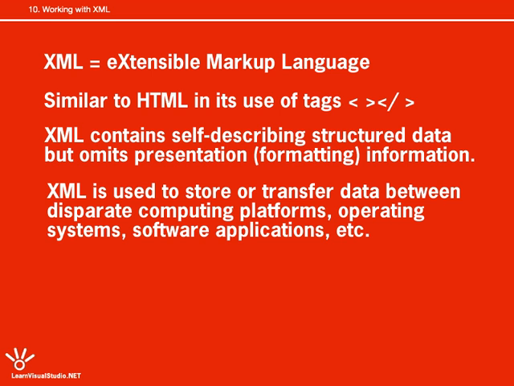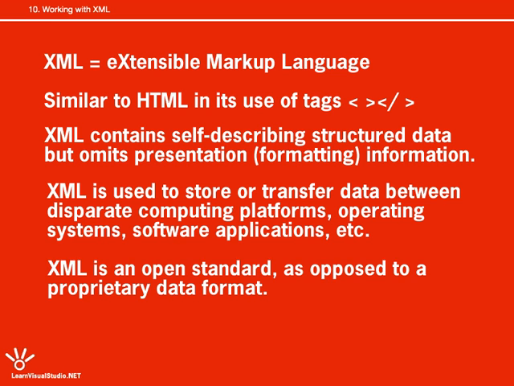XML is an easy way to store or transfer small sets of organized data between computers or between software. Now, the need for this might not be readily apparent, but consider that there are so many different software vendors that each have their own format to save their data in, sometimes referred to as proprietary data formats.